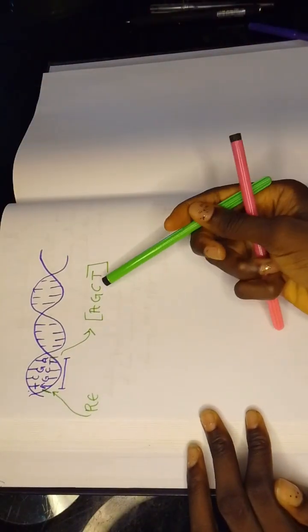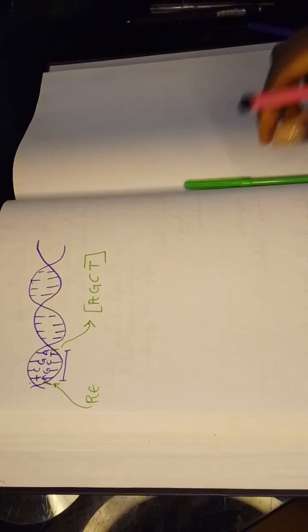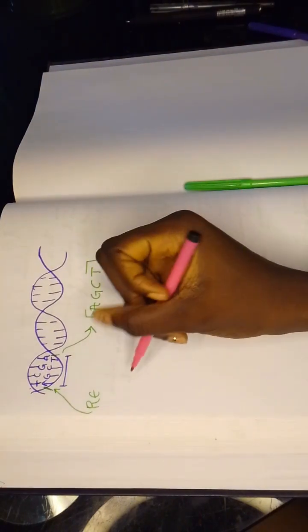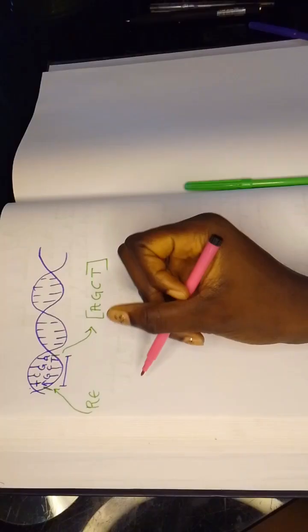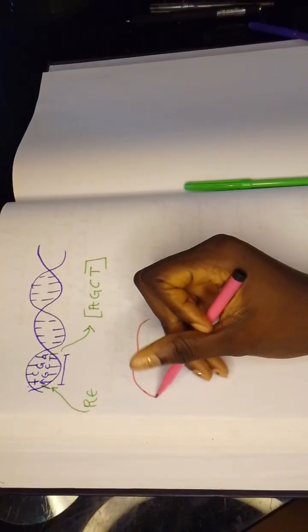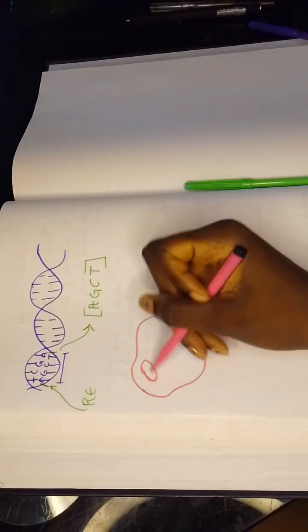for example, AGCT. Then we also have to cut out a certain segment from the plasmid vector. Remember, we're getting this plasmid from the bacteria. For example, this is the bacteria.